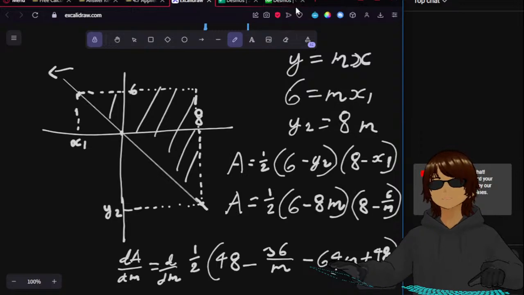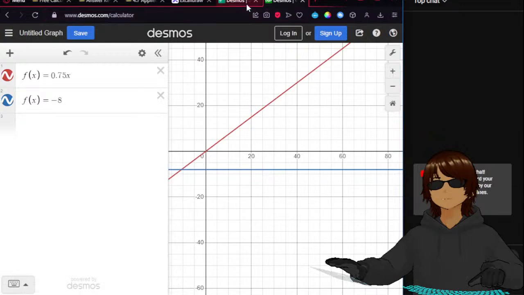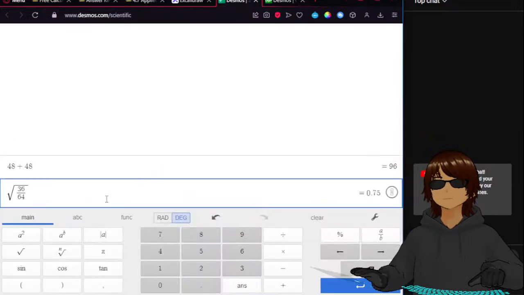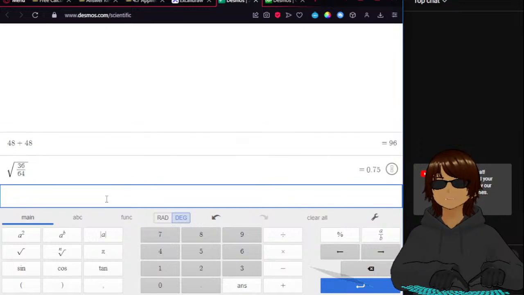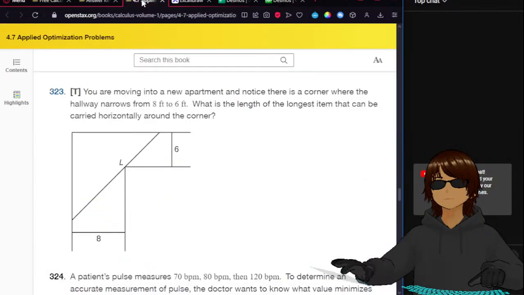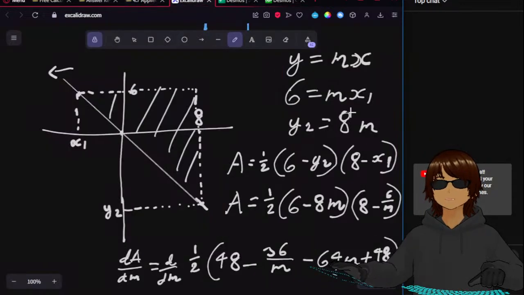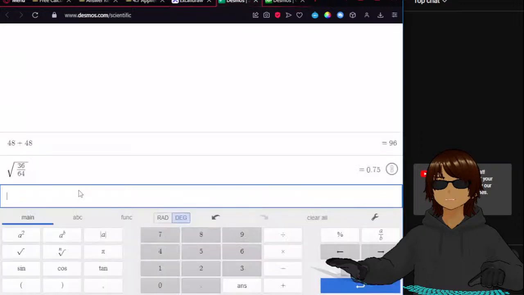This is 0.75, right? So 6 divided by 0.75 is 8. So I have 8 and 6 as one point. And the other point is 8 times 0.75.